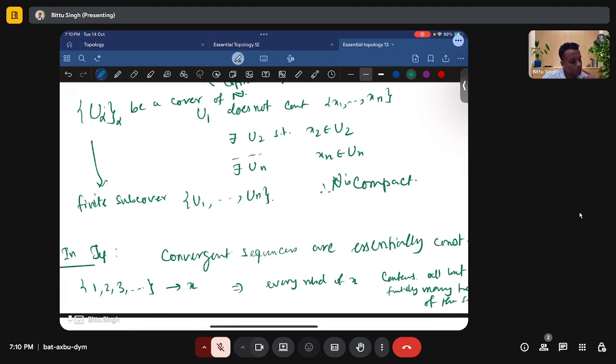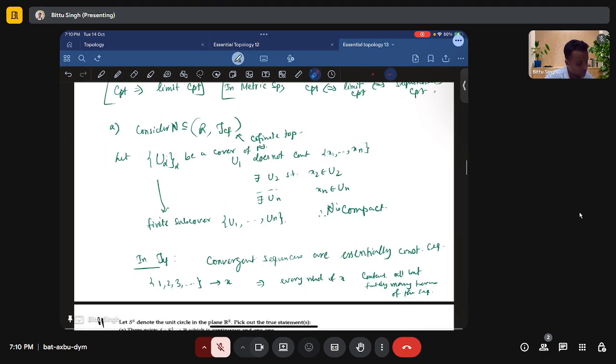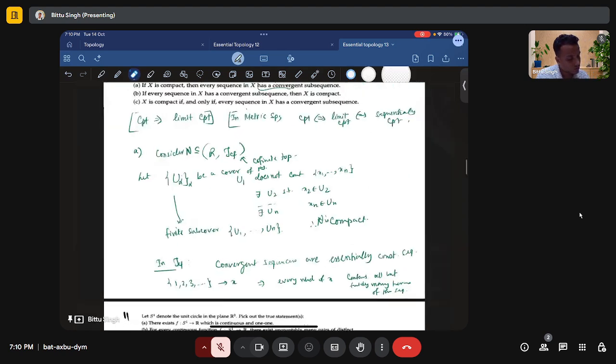But for each of the terms distinct from x, we can consider X minus that particular xn. And this sequence and this neighborhood, sorry, the argument is not working actually, but we can prove this fact.